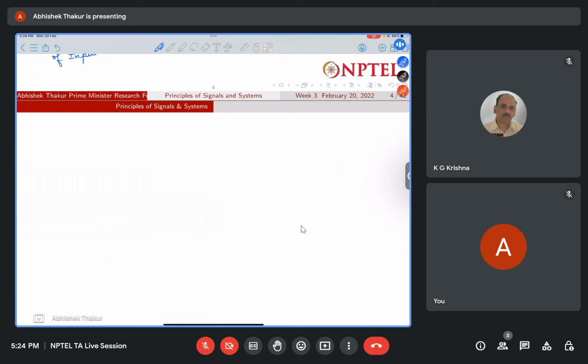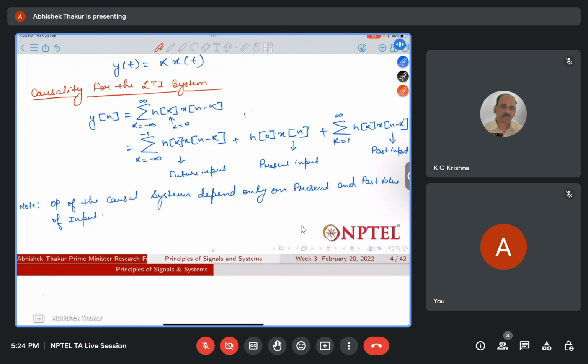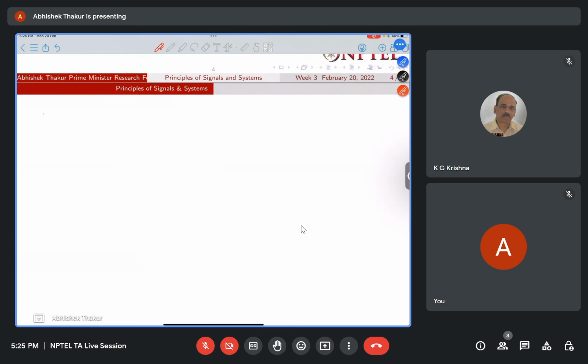So we can write for a causal system, what are the terms left? Only these two terms we have to take. This will be 0 because it will not depend on the future input. Whenever k is from minus infinity to minus 1, this term will go to 0. Then only we can say that this system is a causal system.